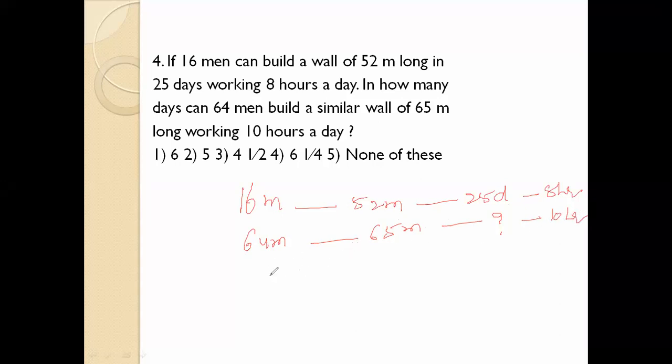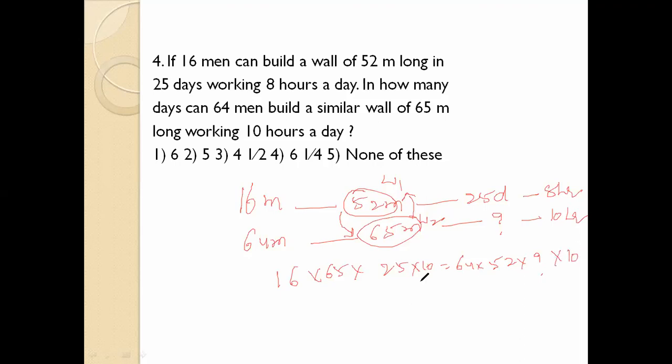Now here we see that this is the work W1, this is the work W2. The first part of work is multiplied with the second persons, and the second part of work is multiplied with the first. So 16 into 16 into 65 into 25 into 10 equals 64 into 52 into question mark into 10. This work is always inverse proportion.